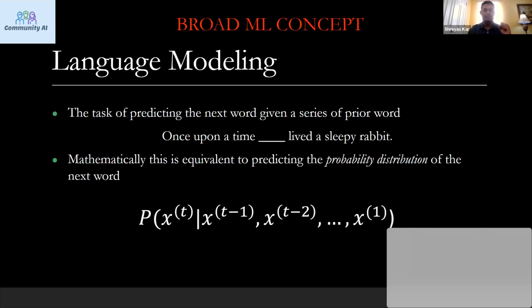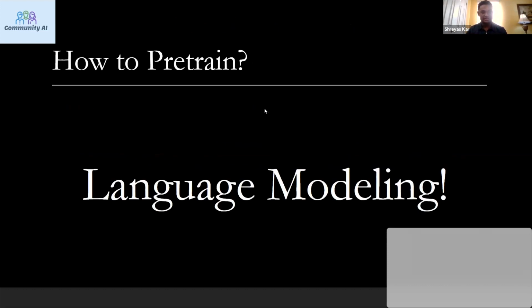One simple example could be the word "their" with probability 0.6, the word "there" with probability 0.1, the word "rabbit" or something with probability 0.15, and so on and so forth. At test or inference time, we would just see which word has the highest probability and place that in, and that will be our prediction. And that is language modeling, and that is how we pre-train these models.